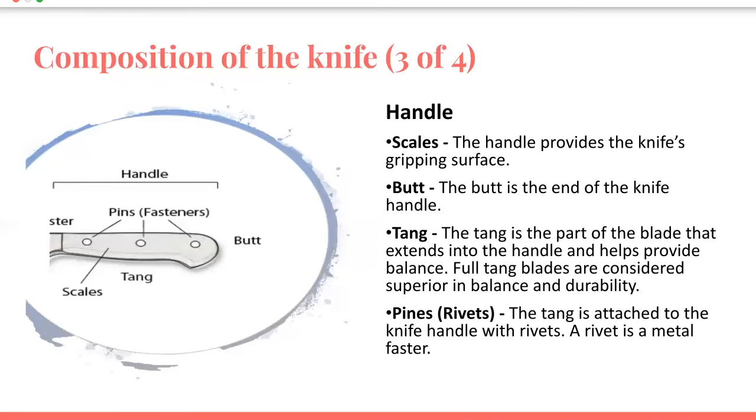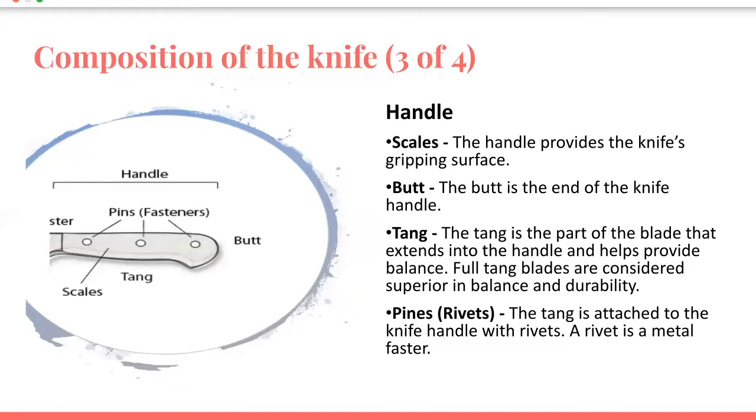The next topic is the composition of the handle. The handle is divided into scales, butt, tongue, and pins or rivets. To be honest, those terms are not used very often unless you're in a situation where you need to make your knife or fix your knife.